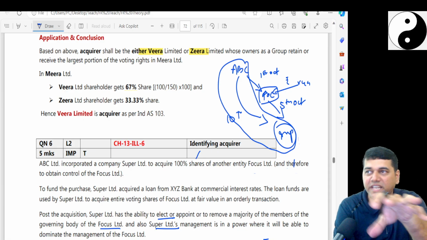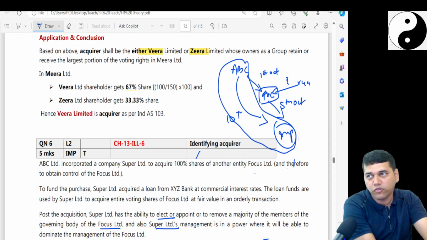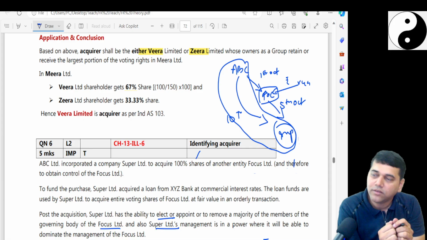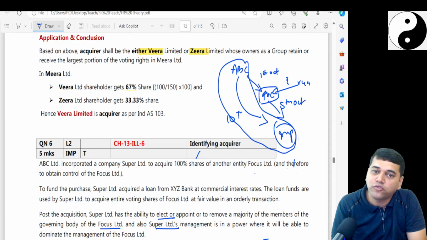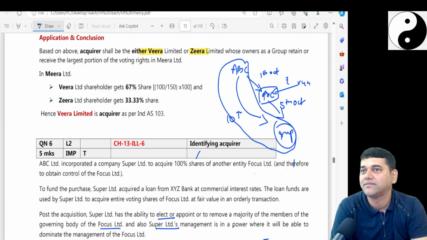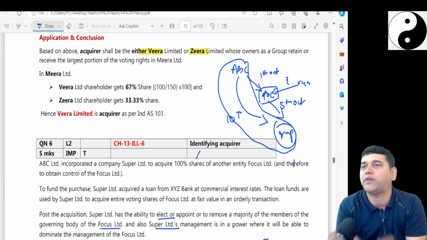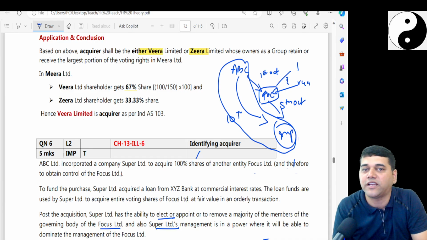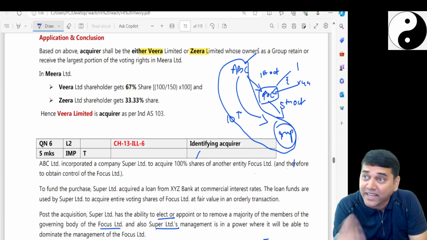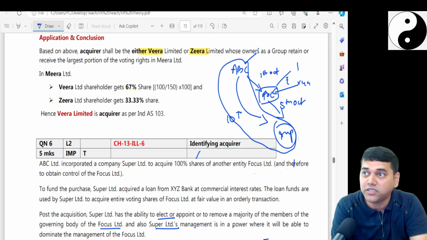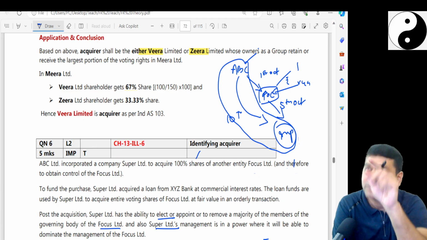Here the doubt is not whether who is the acquirer. In the first transaction, Focus is the acquirer. In the second transaction, ABC is the acquirer. Very clear. Now my question is, in this second transaction, is it a common control combination or is it a business acquisition? Sounds like a common control combination, no?